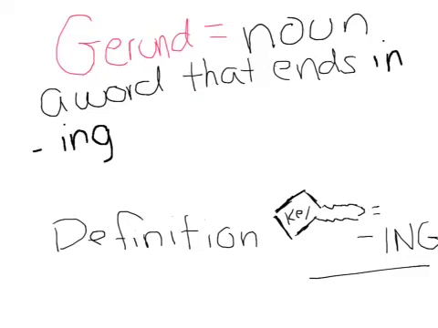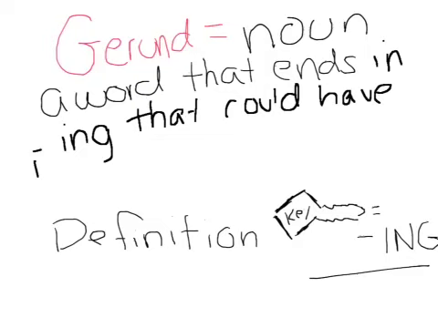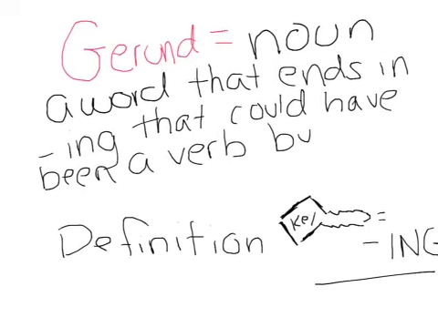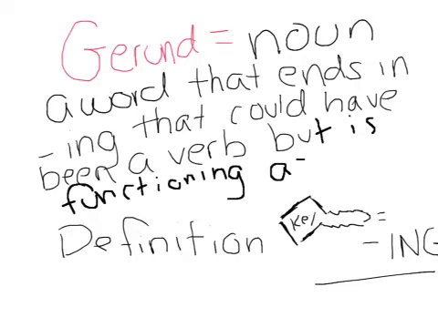So a noun is going to be a word that ends in ing that could have been a verb in a different situation. We call it a verbal, but it is functioning as a noun. So to repeat that, a gerund is a noun. It's a word that ends in ing that could have been a verb in a different situation, but is functioning as a noun. So I'll talk about that a little bit more.